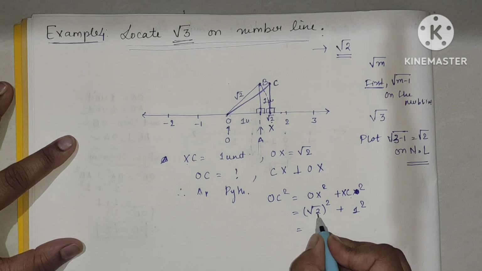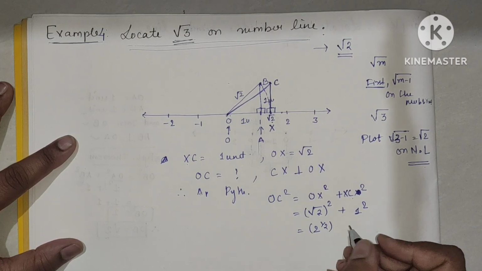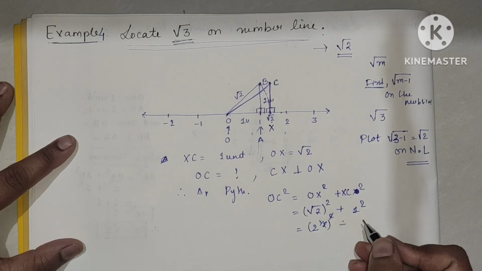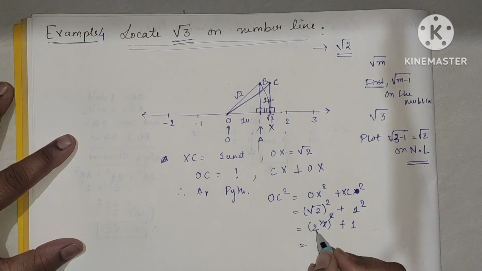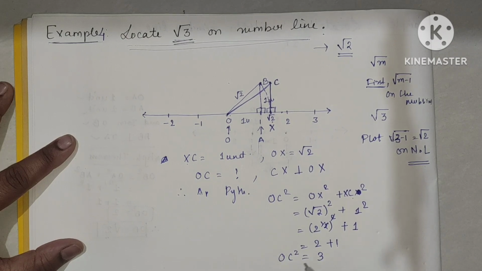So here root 2 is nothing else but 2 raised to 1 upon 2, so this will be cancelled. This we are going to study further. Plus 1. Therefore here it is 2 plus 1, that is 3. So OC square is equal to 3.